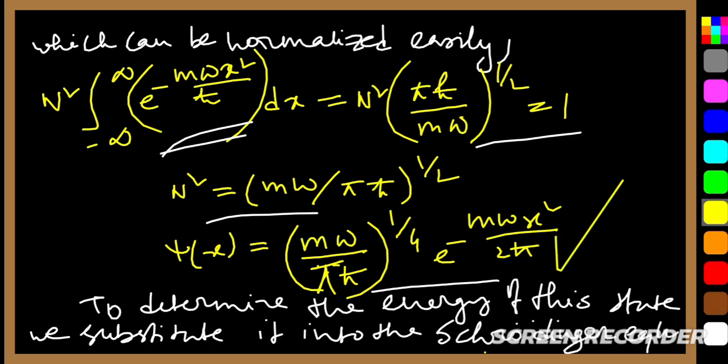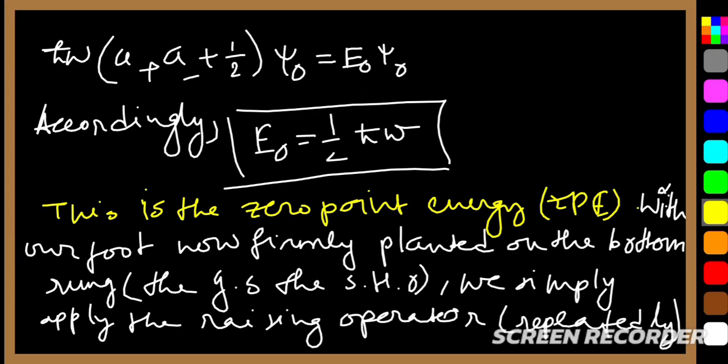Okay. So to determine the energy of the state, we substitute it into the Schrodinger equation. So we will take the help of the Schrodinger equation to find the energy value. So ħω(a+a- + half)ψ0 equals Eψ0. Accordingly E0 equals half ħω.